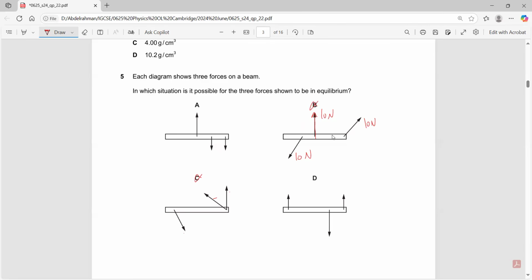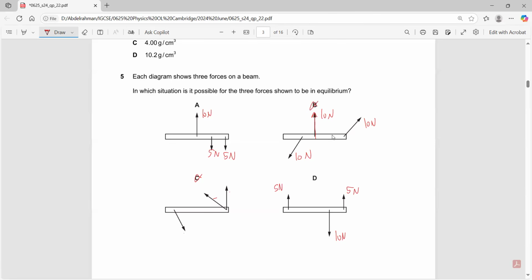A and D seem to be a bit balanced if we talk about the upward forces compared to the downward forces, right? You'd have, for example, a 10 Newton force, and two 5 Newton forces. The same goes for D, a 10 Newton force, and two 5 Newton forces. So they might seem to be balanced when talking about the forces. But if we talk about the moments, A does not seem to be balanced. Why?